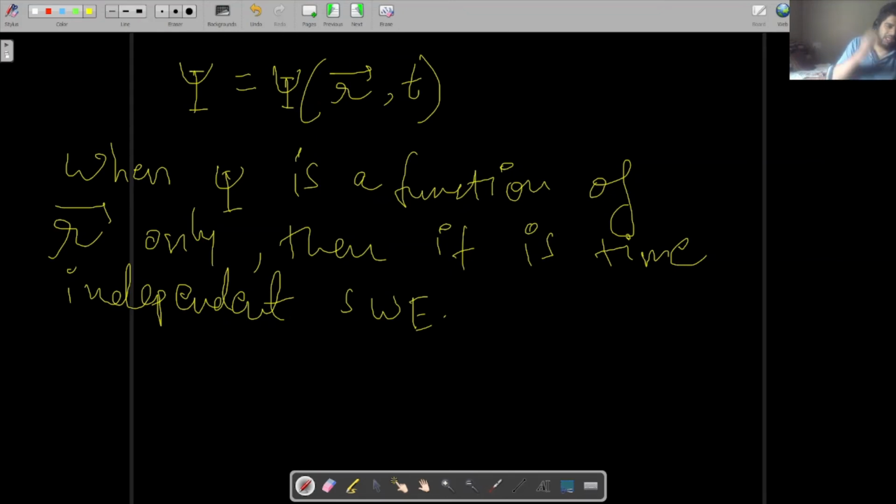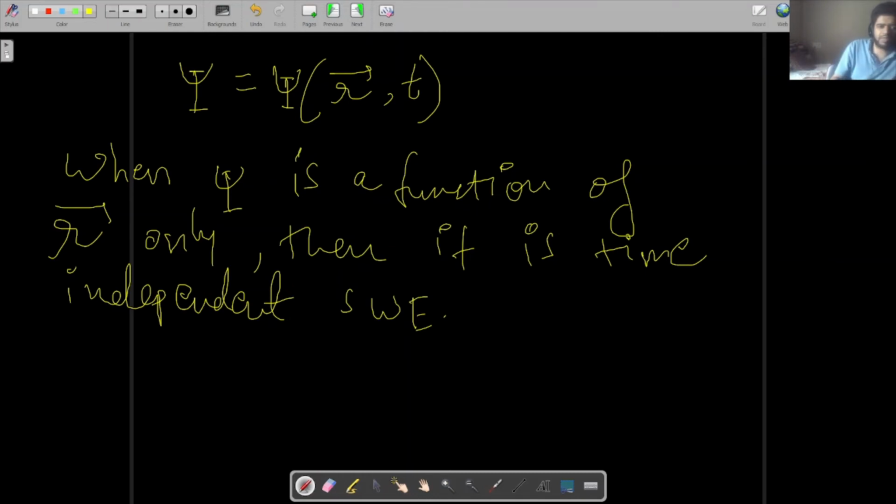When t is absent in the wave function psi and it is only a function of r, that is the position coordinate, then surely it is time independent Schrodinger wave equation.